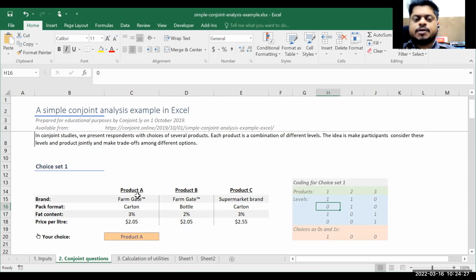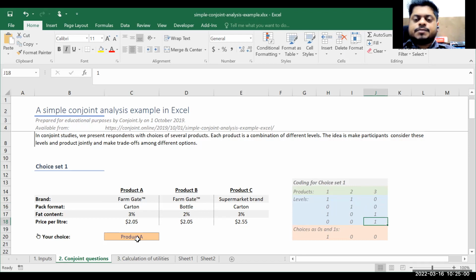Product A is nothing but 1010. So 1 means brand label 1, pack format label 0, fat content label 1, price per liter label 0. That is the meaning of coding your answers. Similarly, product 2 is 1100, product 3 is 0011.